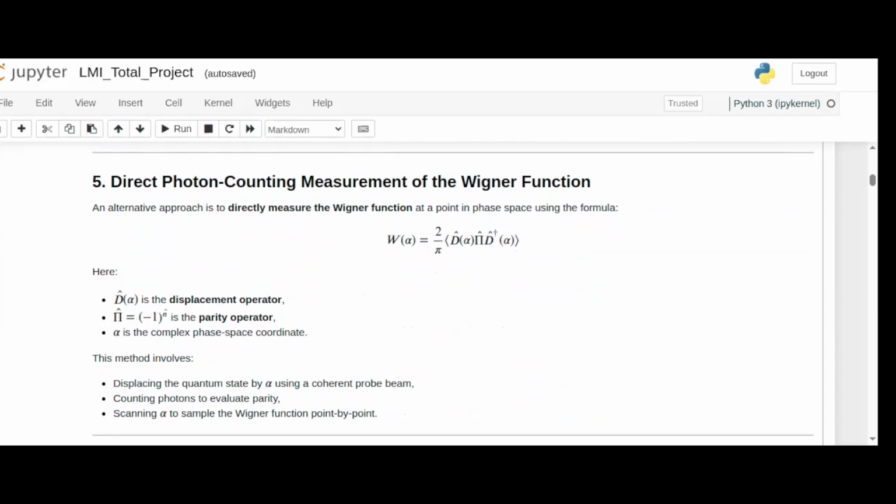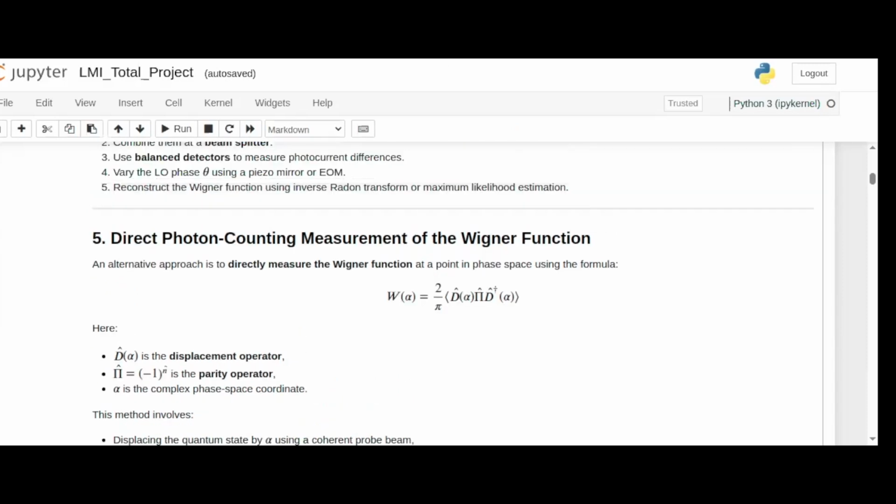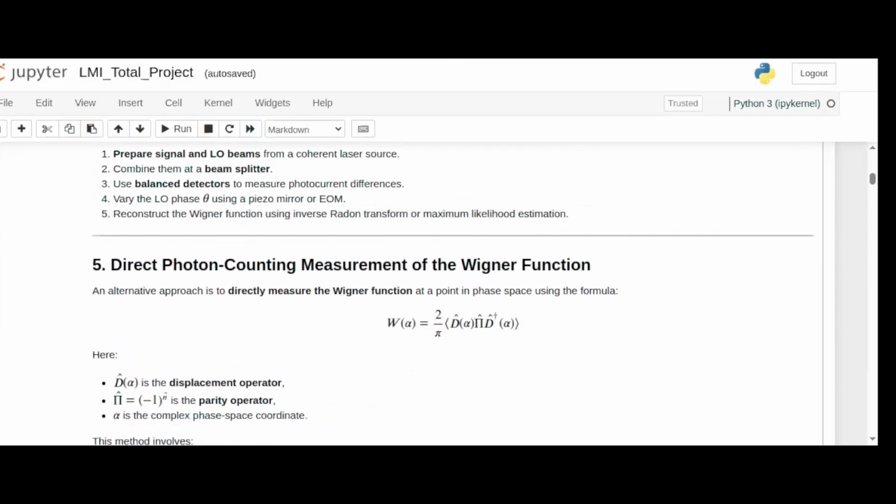We are going to do this. The way to measure the Wigner function point by point in phase space is given by this formula, which is basically a displaced number parity operator, which enables us to scan each point in phase space, and through this we can directly reconstruct the Wigner function without the inverse transform.